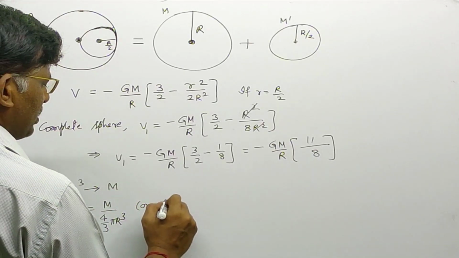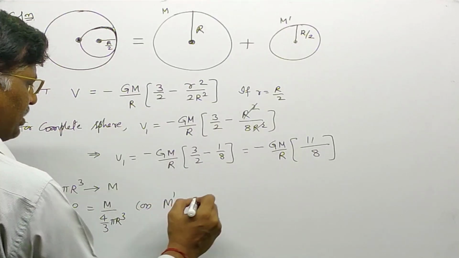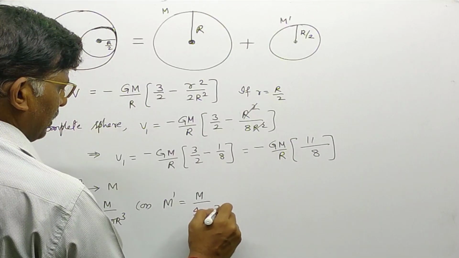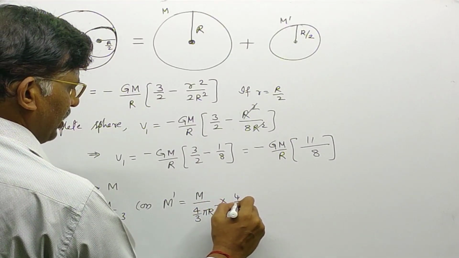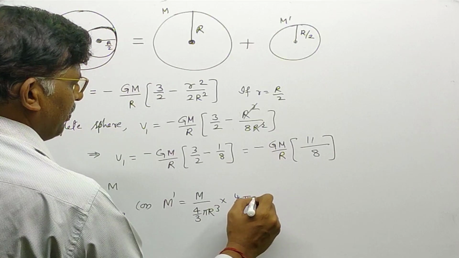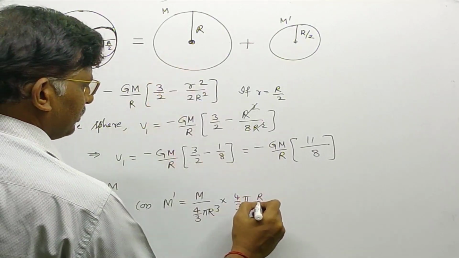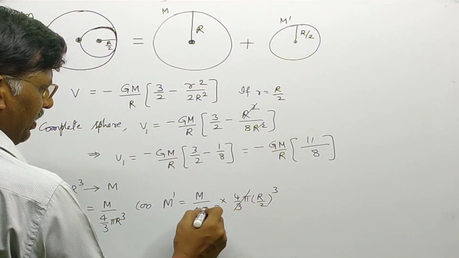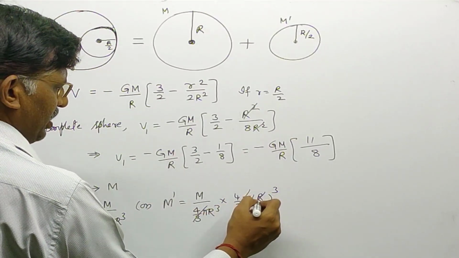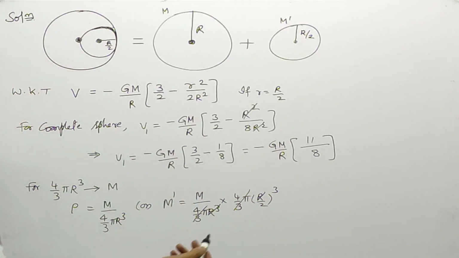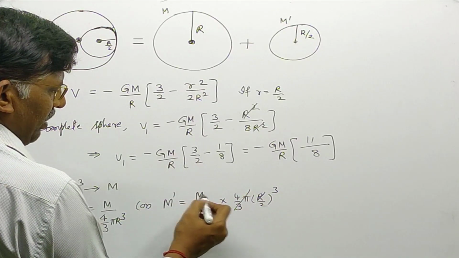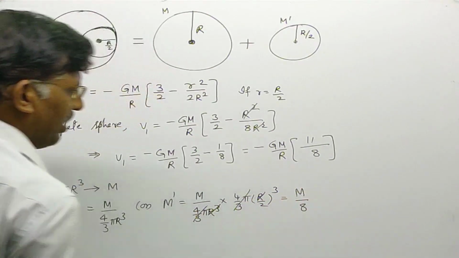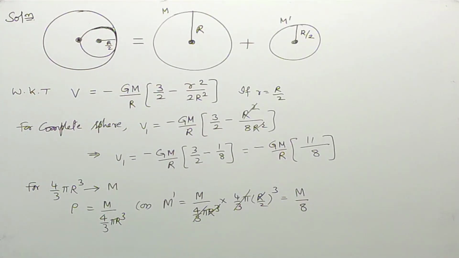The mass of the removed portion M dash is equal to mass per unit volume into the volume of the removed portion, 4/3 pi (R/2) cube. Here 4 pi by 3 cancels, R cube cancels, and M by 2 cube remains, that is M divided by 8, the mass of the removed portion.